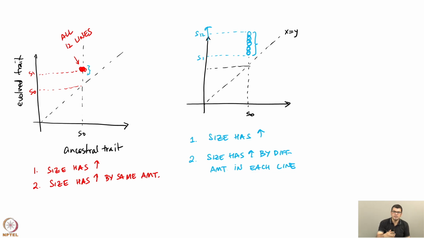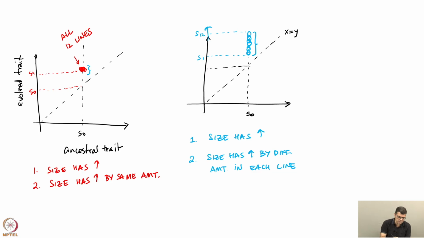This one was driven, this change. If I saw the change being driven like this, then it was almost necessary for size to increase from S0 to S1. Here it is not so strict, the size can be increased by anything from S1 to S12.